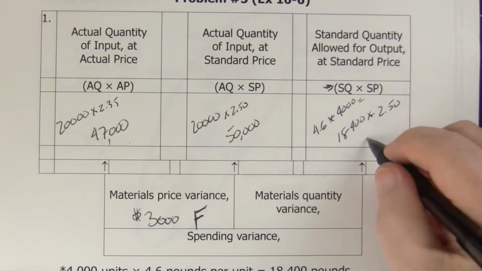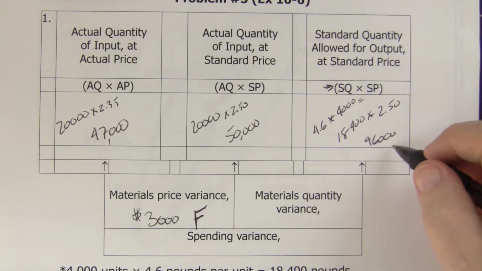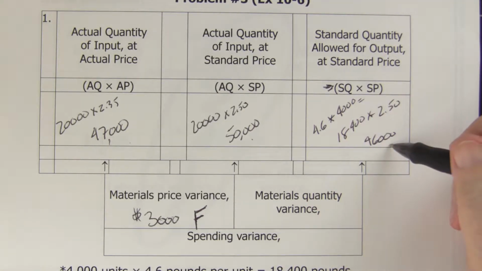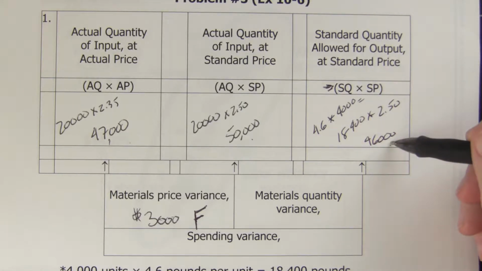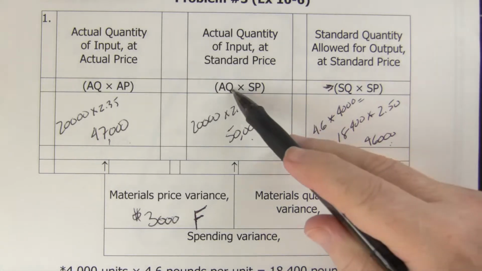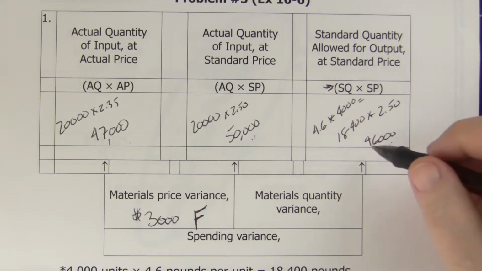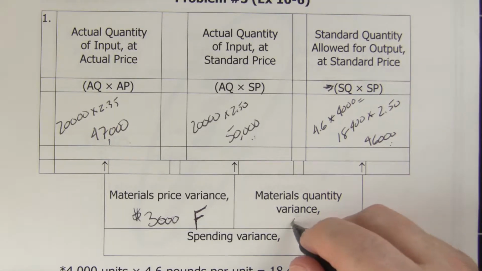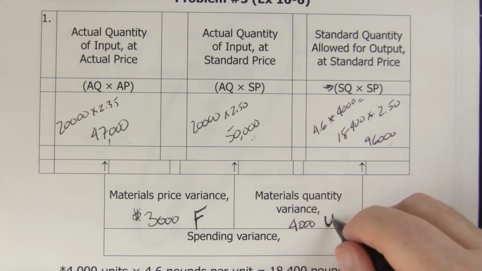And you compare 46,000 to 50,000. Standard quantity, standard price, 46,000. Actual quantity, standard price was 50,000. The difference between those two is 4,000 unfavorable.